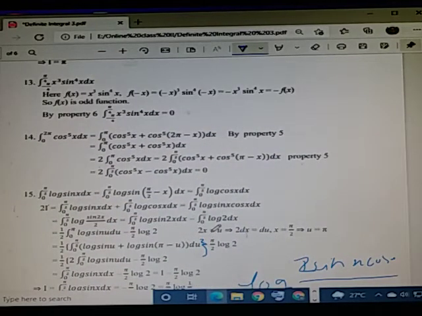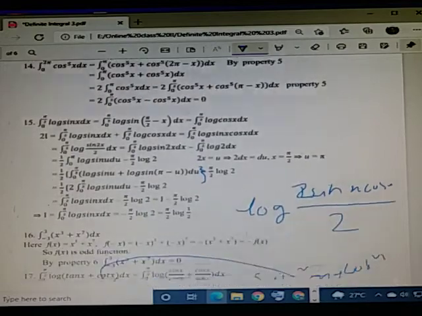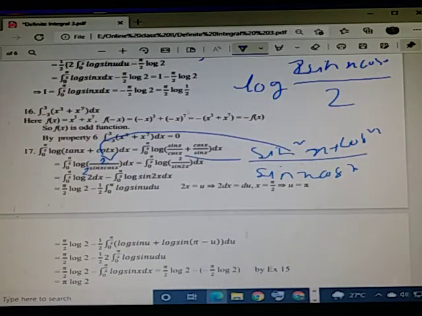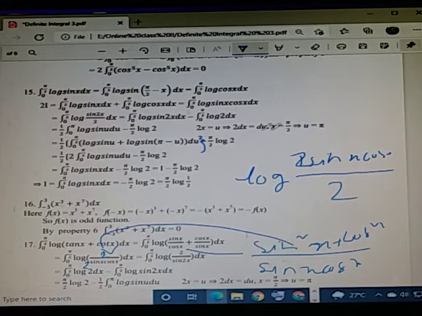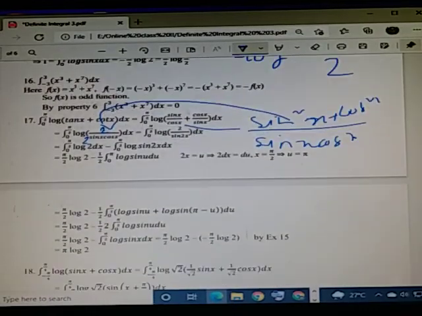This one, twice x, number 14. Same procedure, so we are getting this in a similar way.